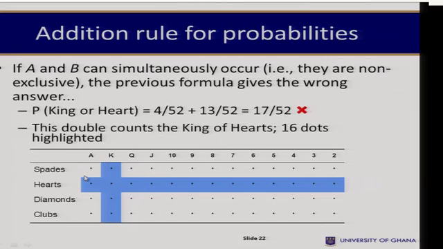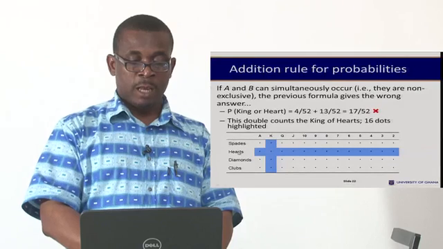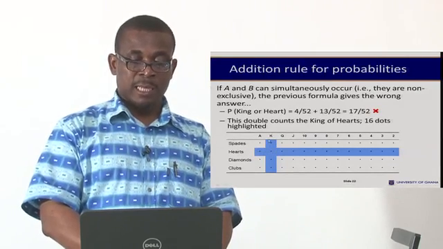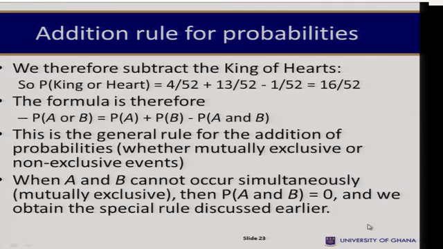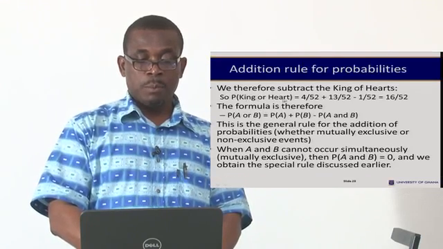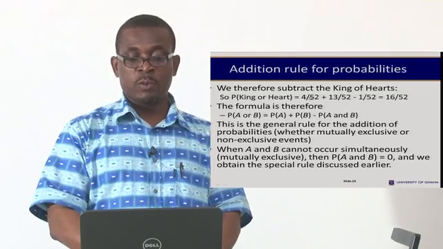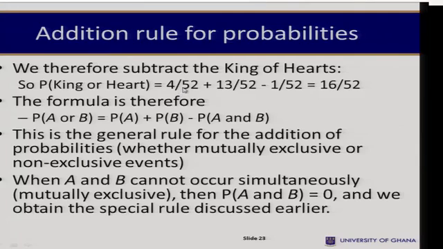Why is it wrong? Because we have counted the king of hearts twice. Because king of hearts here is counted as a heart, and counted as a king. So there are only 16 dots highlighted, not 17, right? So to get around this problem, the probability of king or heart should be equal to the probability of king plus the probability of heart minus the probability of king of hearts.